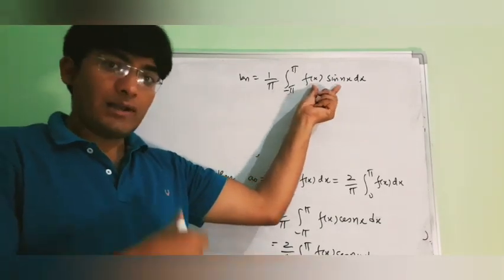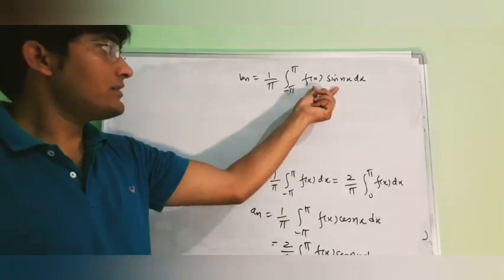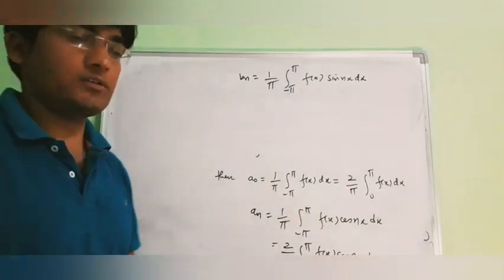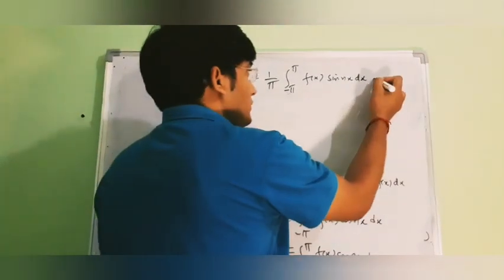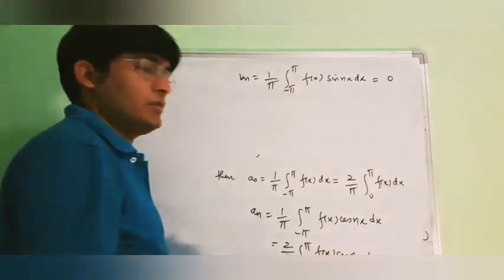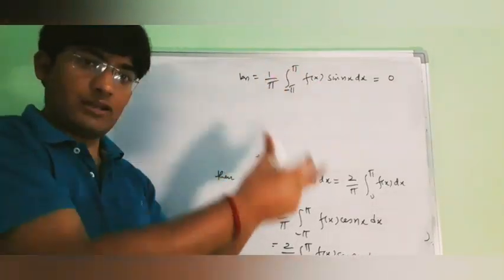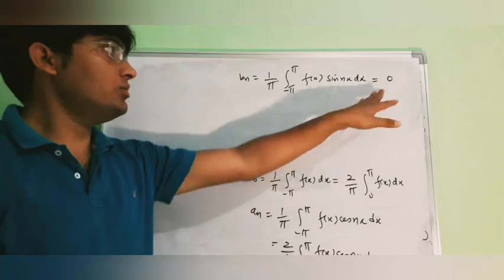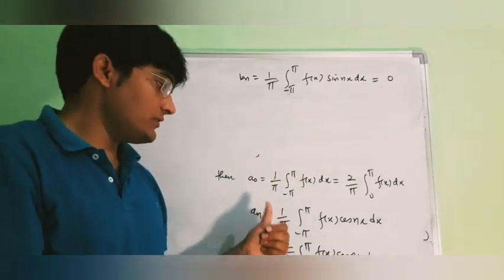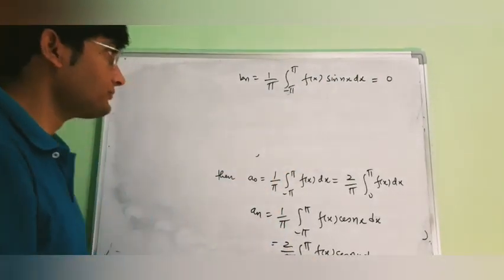So in the product we will have the minus sign, so we can say that f(x) into sin nx is an odd function. Now this is odd, so it will be 0, because the integral from minus pi to pi of some odd function dx is equal to 0. Now if the function is even, then it will be 2 times.